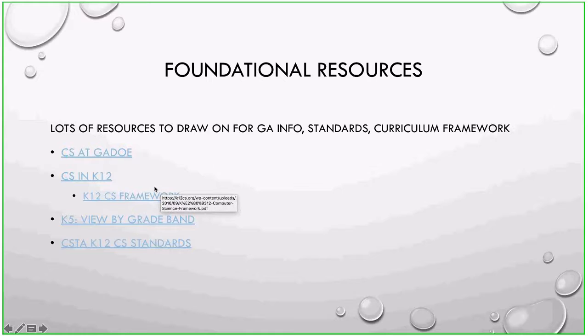And then it brings in those computer science elements. And then we have the K-12 standards, and soon to come out over the next months or next year would be the Georgia standards for K-8. I'm not sure when those are coming out, but I know that everyone's looking forward to that.